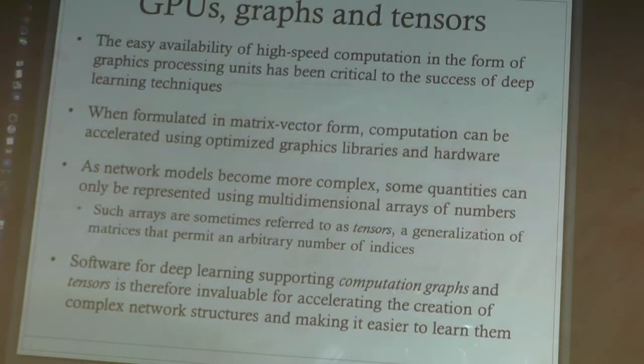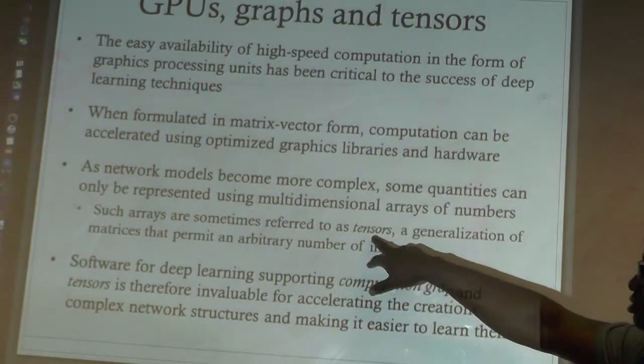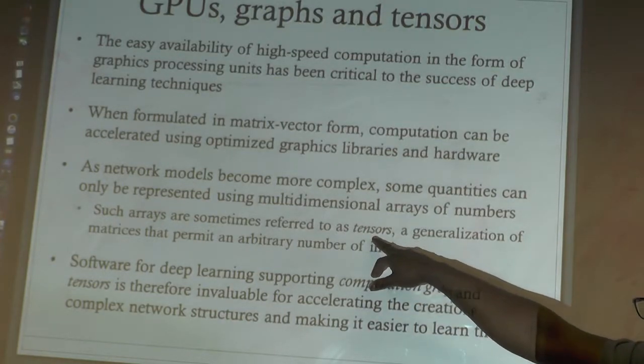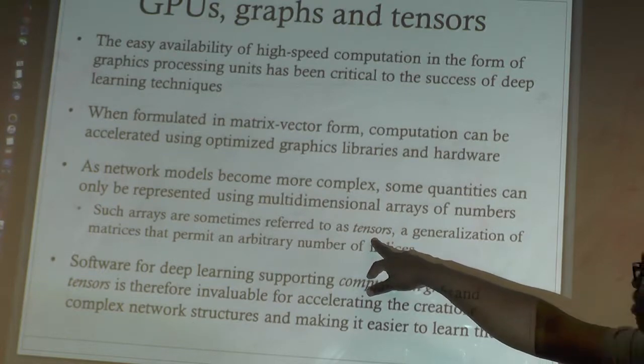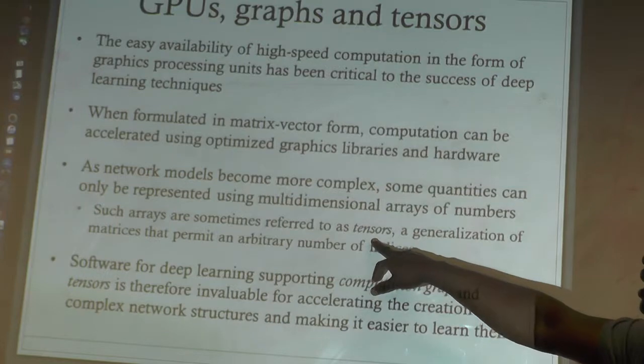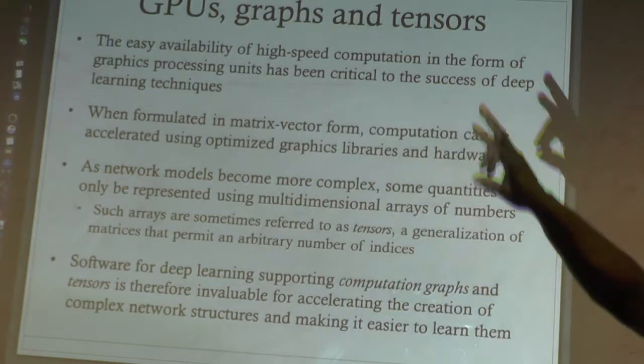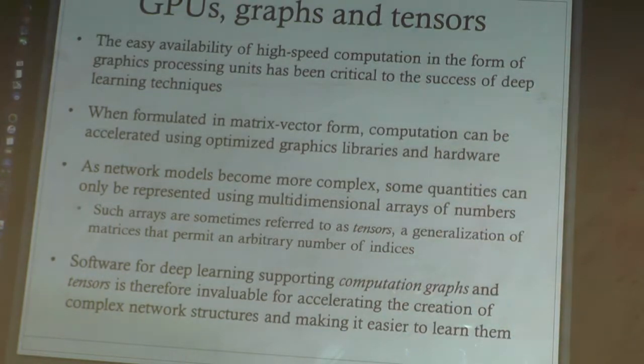Okay? So, number 3, in mathematics, remember I told you it's about vector space. So, it's about graphs, and it's complex. The introduction of tensors now allows you to process multi-dimensional arrays. Okay? That helps us to be able to do a lot of deep learning.